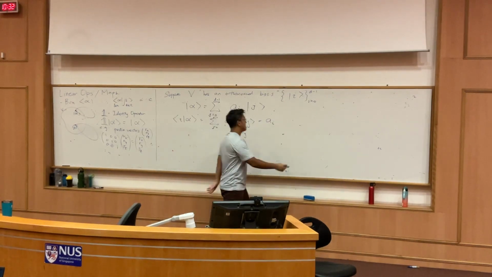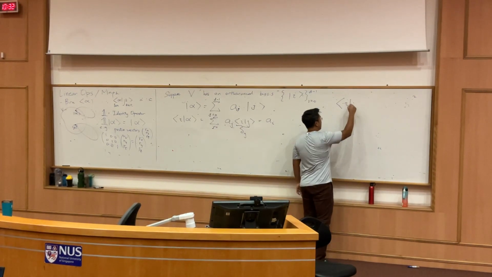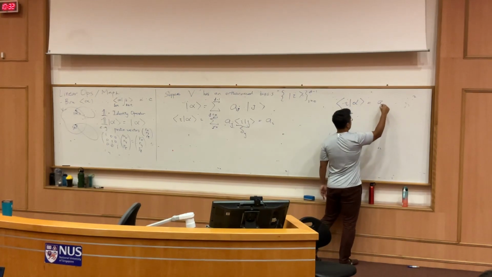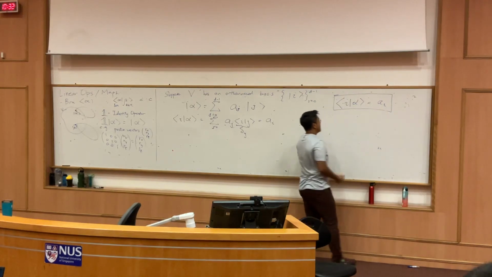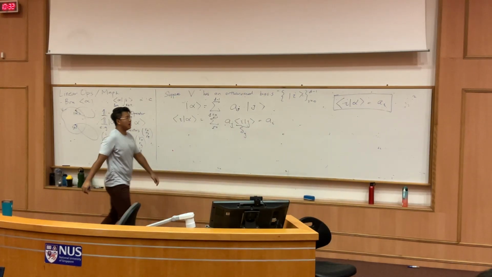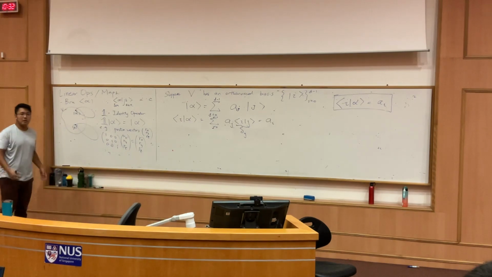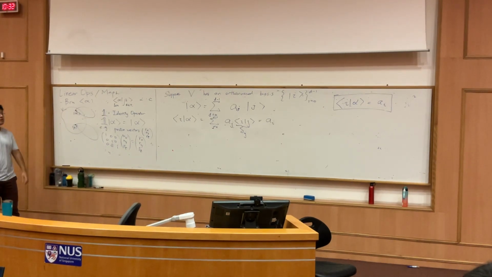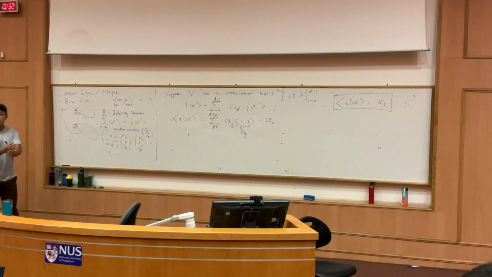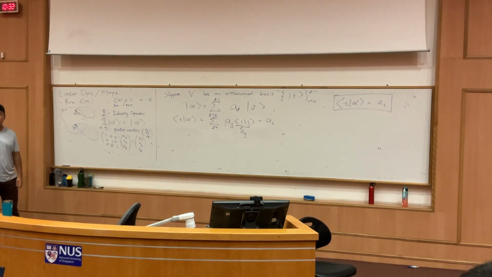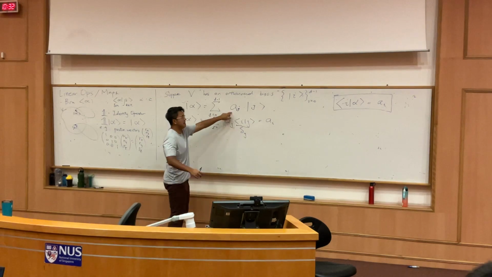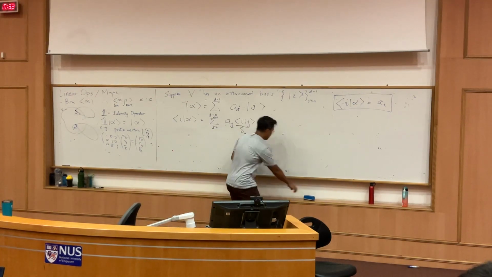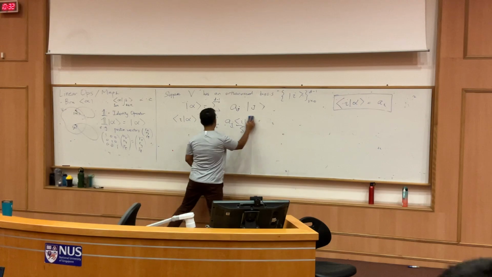So bam, we get this. ⟨i|alpha⟩ is equal to a_i. Again, nothing too shocking, what I told you before. The component, the coefficient in the ith direction, just amounts to taking the overlap of the |i⟩ state with alpha. But then, let's use this back into this definition of the state. Okay, so let me erase this calculation.